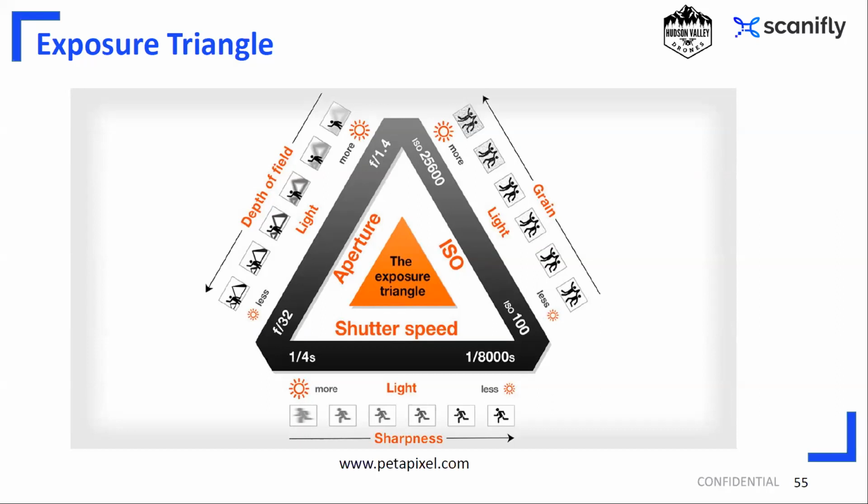The aperture refers to an orifice in the front of the camera or in the lens that opens and closes and allows a certain amount of light to come through, and it really meters the light. And then to the right is your ISO, and your ISO refers to the sensitivity of your film or the sensitivity of the photosensitive surface, the sensor in the instance of a digital camera. And we can adjust all these based on certain environmental conditions to give us the proper exposure and what we need.